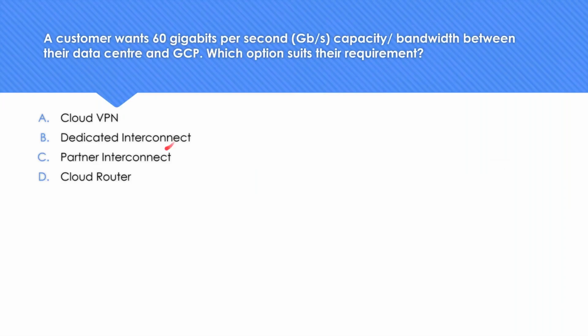So Kumar was correct. And Cloud Router is just a medium. For Dedicated Interconnect, definitely Cloud Router is going to be used, because they are going to use BGP, Border Gateway Protocol, between those two networks. But with Cloud Router itself, we will not be able to do it. Without Cloud Router we can also do it if we go with static routing, but that's not the complete solution.